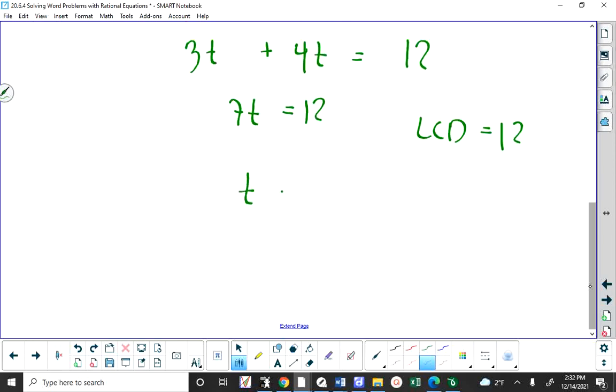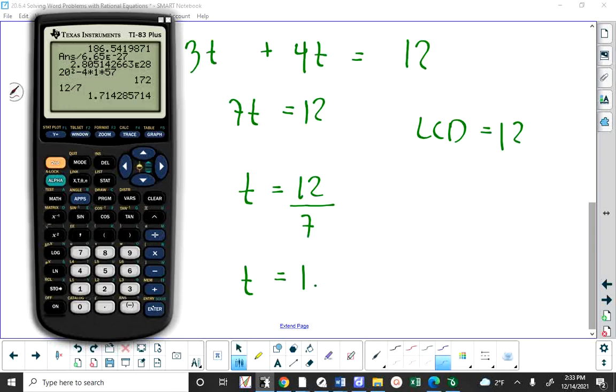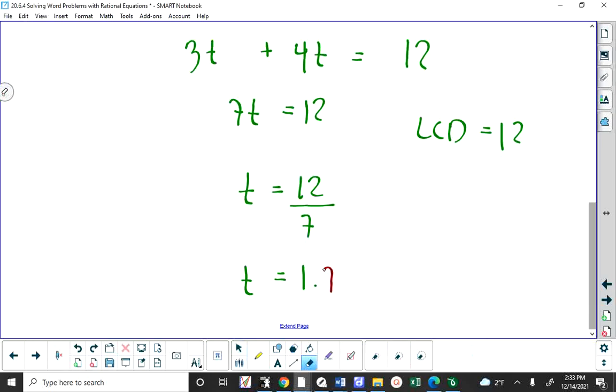Which means t is 12 over 7, which is 1 point, I don't know my 7 quotients, 1 point something. .71 hours. About 1.7 hours.